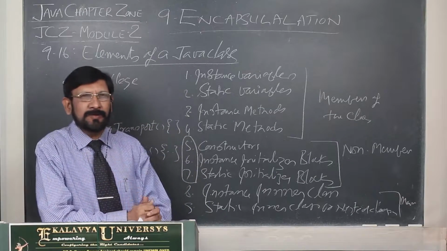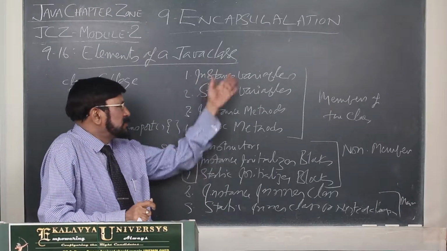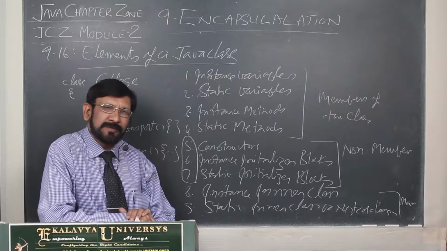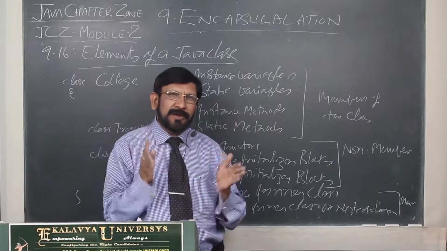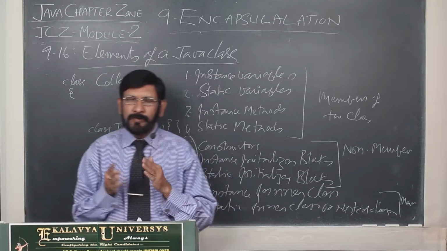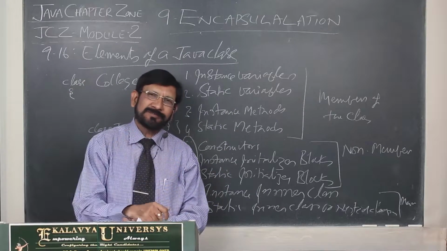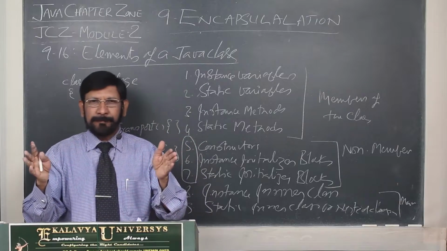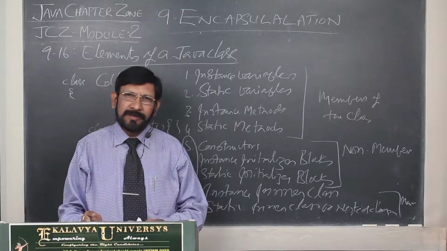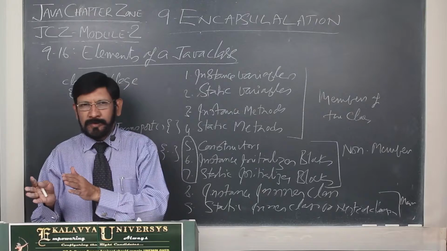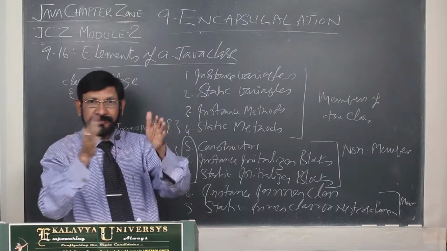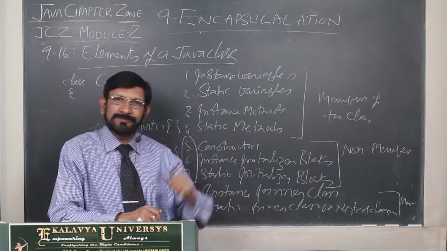Actually, one class we have defined, and in that, these variables and all that we are defining. Sometimes, you want to treat some other class as a part of the same class. Suppose one car is there. Car is an object. In the car, you want to use another equipment called AC. AC is also another object.